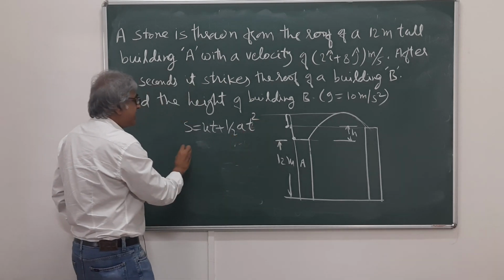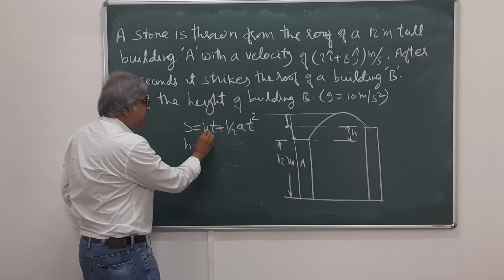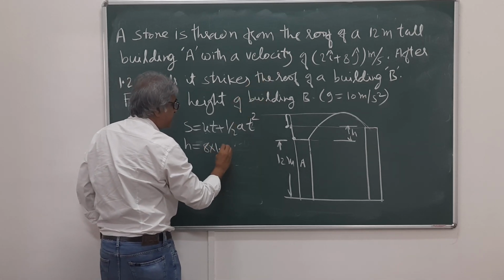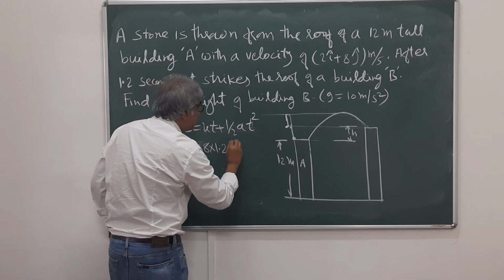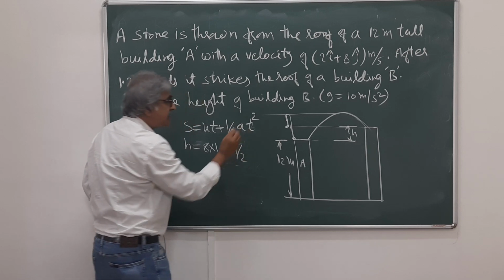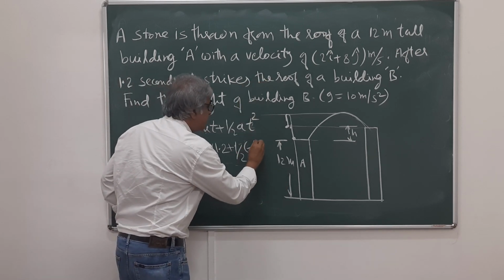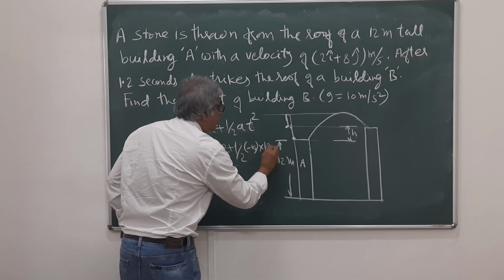S is our h. Initial vertical velocity is 8 into 1.2, plus half. Acceleration is downward, so it is minus 10 into 1.2 square.